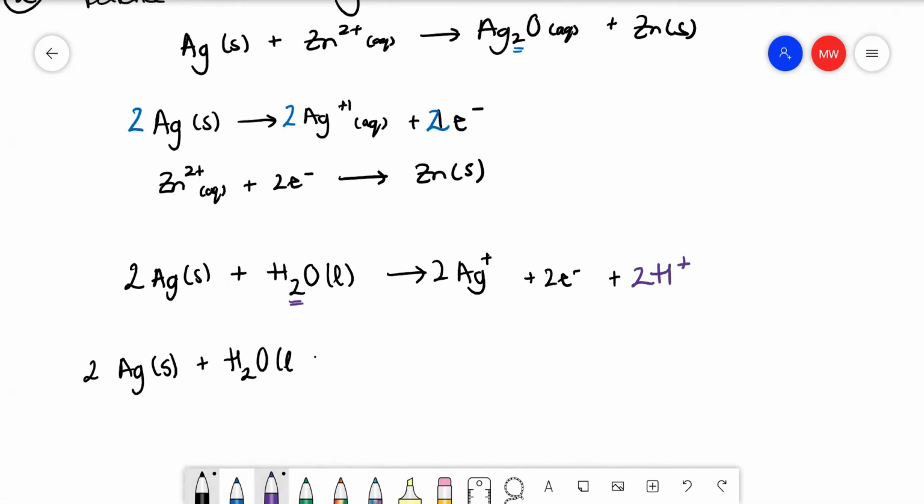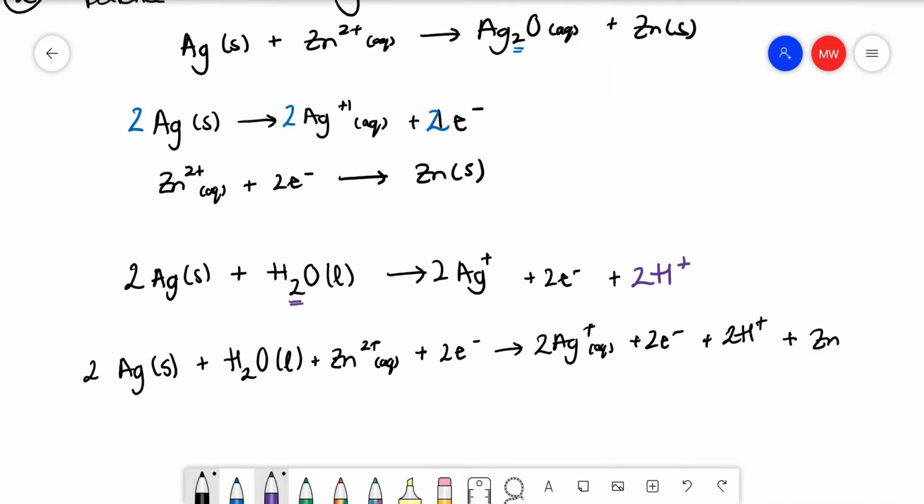So now I can just add my zinc to that equation by adding the 2 half reactions, and I get silver plus water plus zinc plus 2 electrons gives me 2 aqueous silvers plus 2 electrons plus 2 protons plus zinc in its solid form.